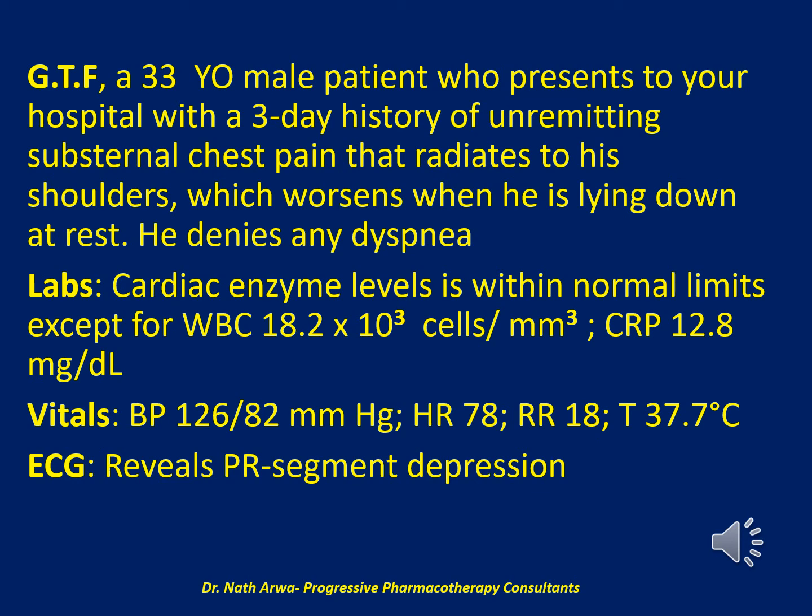His pertinent vitals include a blood pressure of 126 systolic and 82 diastolic, a heart rate of 78 beats per minute, a respiratory rate of 18 breaths per minute, and a body temperature of 37.7 degrees Celsius. An ECG is done and it reveals PR segment depression.